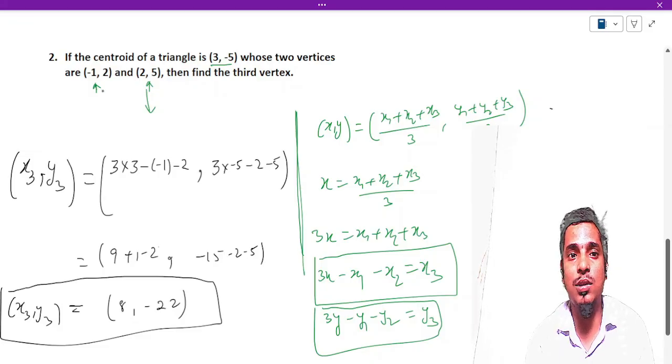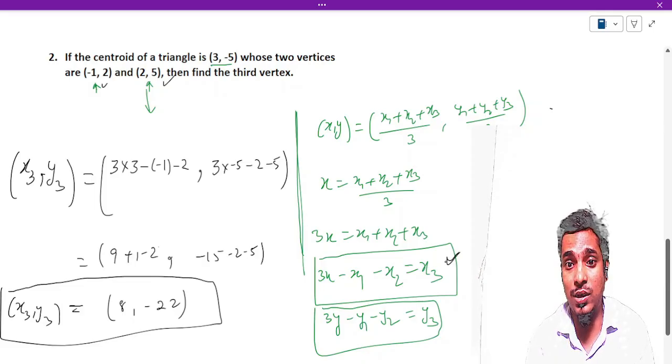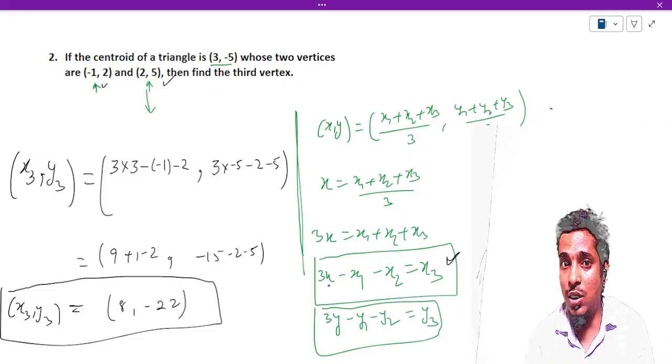When the two coordinates are given and the centroid is given, we can have this relation. The third x coordinate is nothing but 3 times the x coordinate of the centroid minus the first x coordinate and the second x coordinate of the triangle, right?